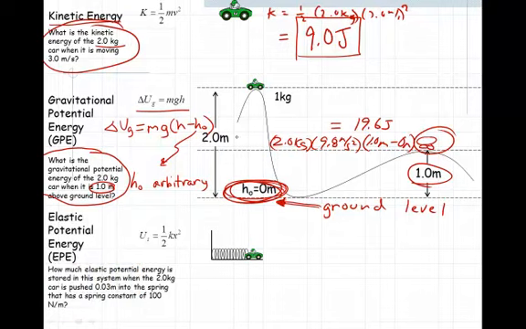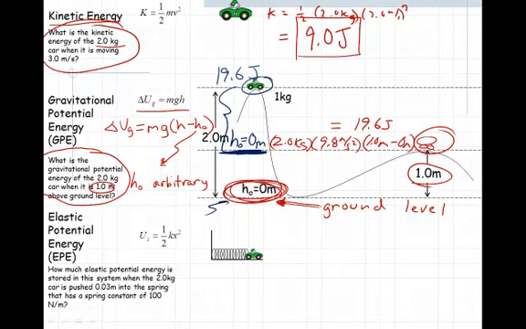So if we decide to make this level right here, this 1 meter mark, our reference point, if you will, then 1 meter above that, which would be right here, would mean that I would have a gravitational potential energy of 19.6 joules relative to this position right here. So again, we can decide to put h initial anywhere we want. That's completely arbitrary.